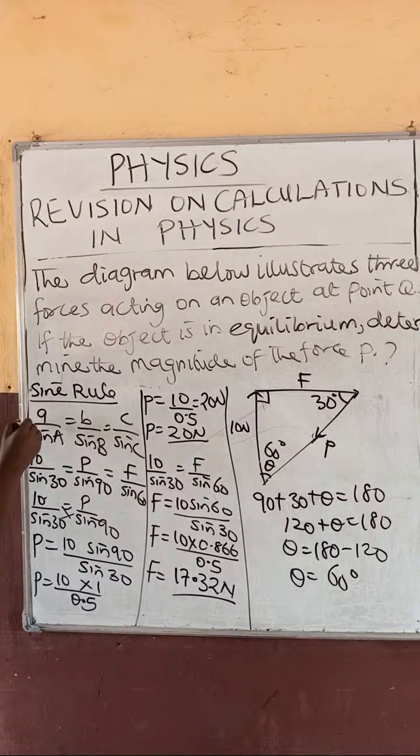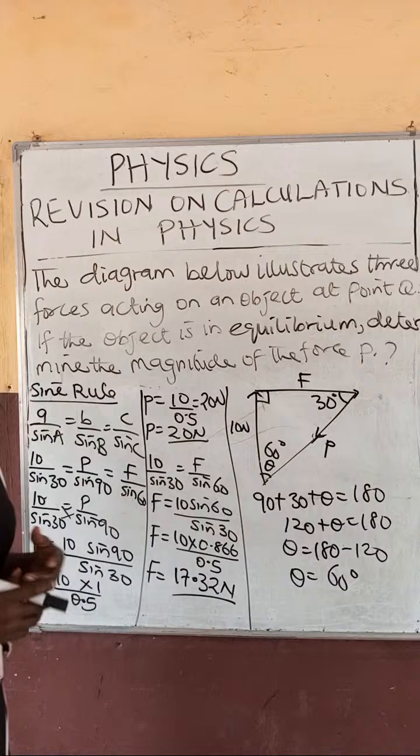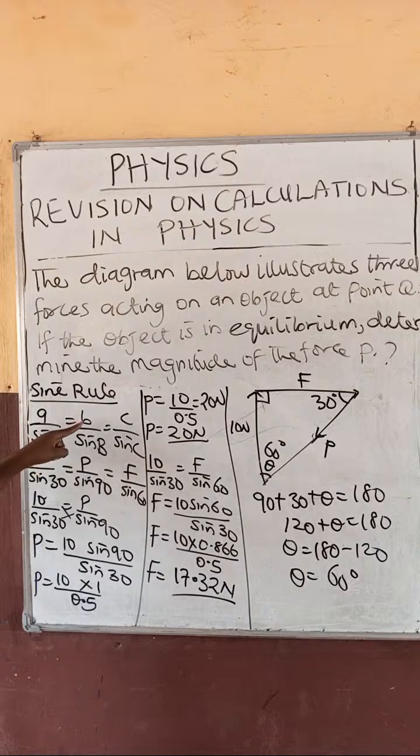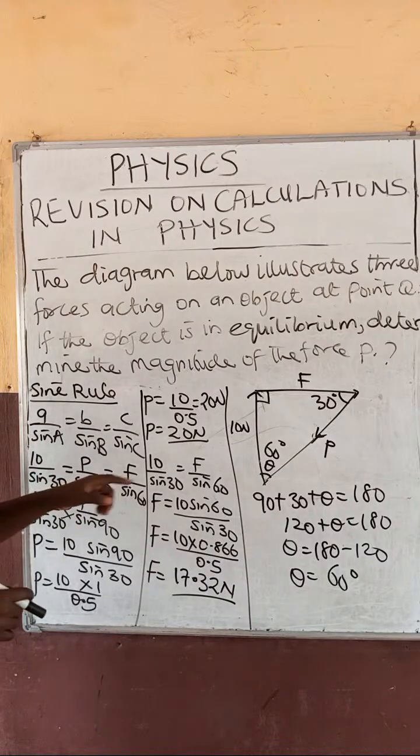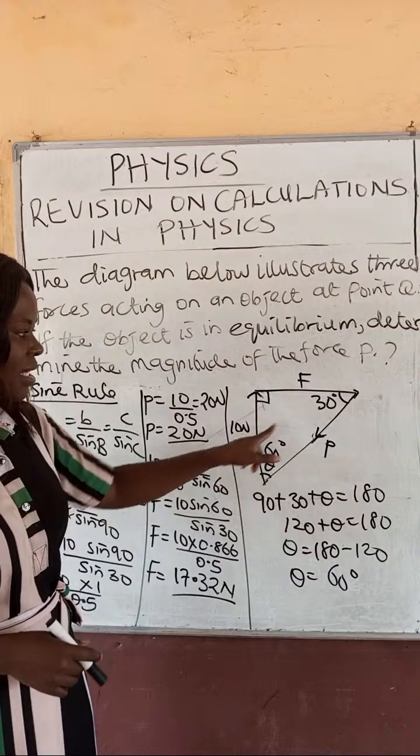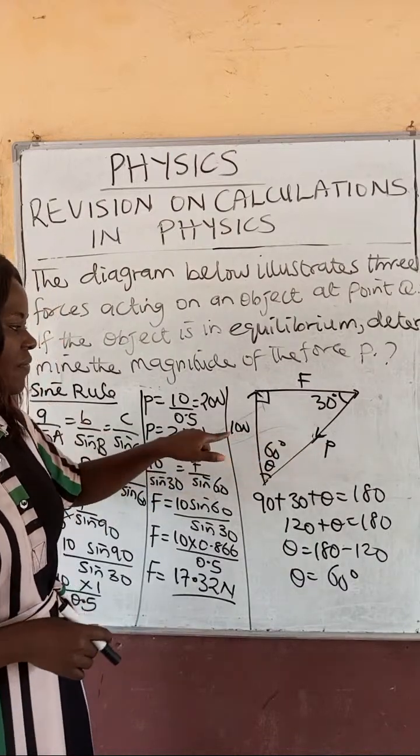Now, let me explain further. Using this, we are doing sine rule. What is sine rule? Sine rule is a over sine angle A is equal to b over sine angle B is equal to c over sine angle C. Now, if I start with this one first, the angle facing this side is 30, right?